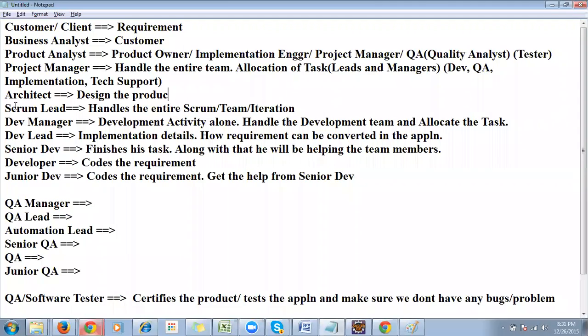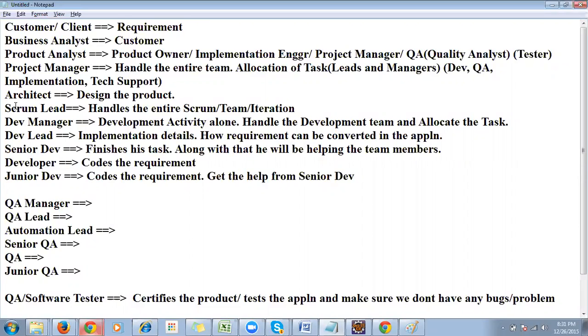That means he is the one who gives the idea of which language can be used and which databases we can use, and what software needs to work when we are going to use it, and how it can be used. Utilization of the software and the hardware will be given by the architect.